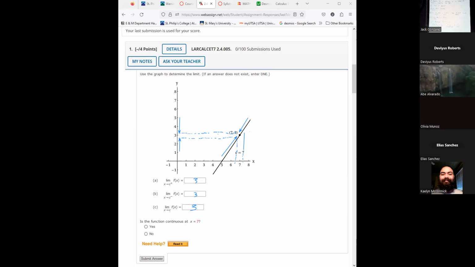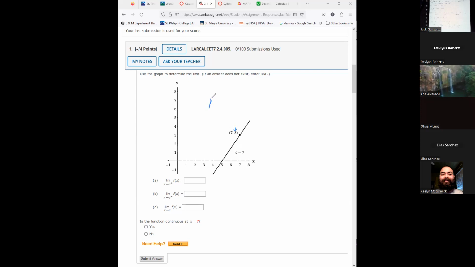Now, is the function continuous at 7? So go through the three things we wrote down. Can we plug it in? Is there a hole here? No, so number one's good. If we plug it in, we get 3 right there.